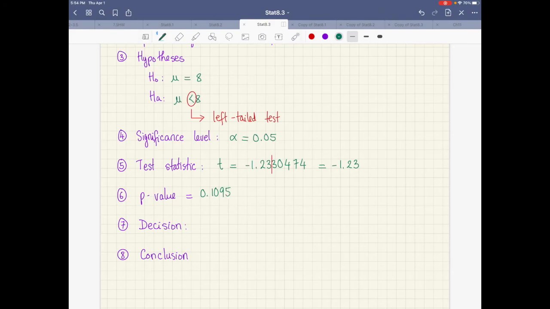And I round it to 3 significant figures, and I get 0.110. To make my decision, I will compare the p-value and the alpha. Since p-value is greater than alpha, I do not reject H0.